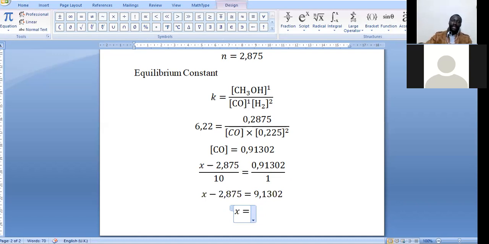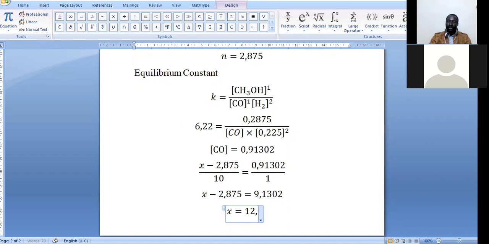It's going to be 9,1302 plus 2,875, so let me use my calculator for this now. That's going to give me a value of 12,0052, which we can leave at 12.